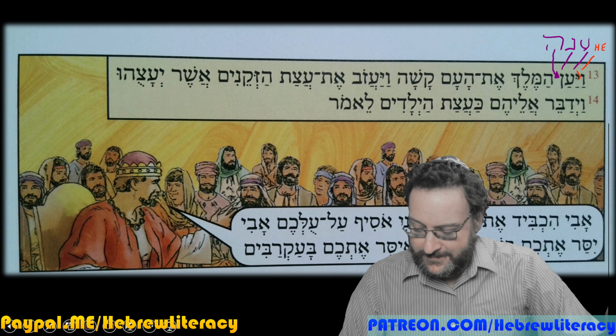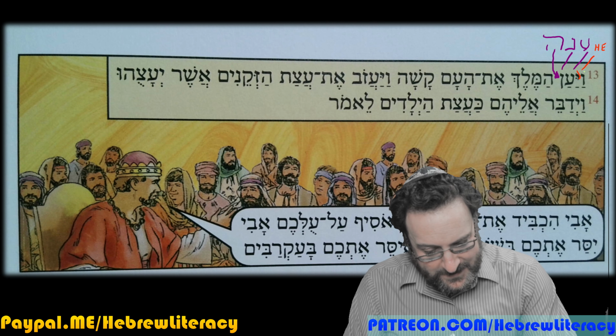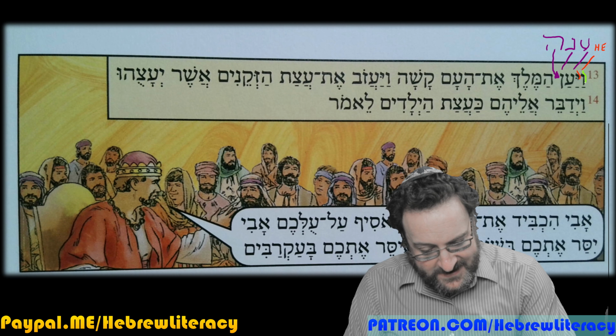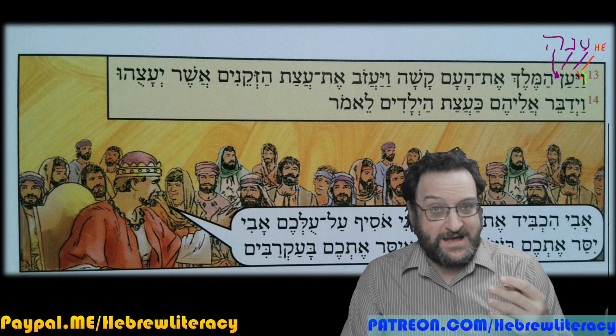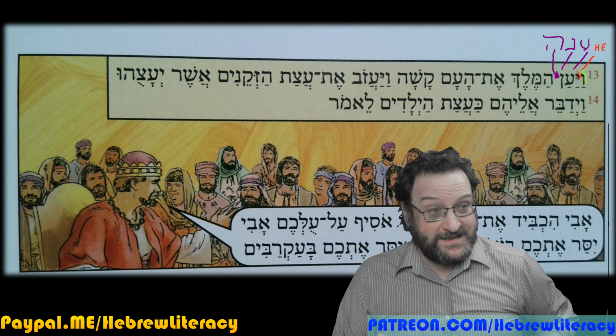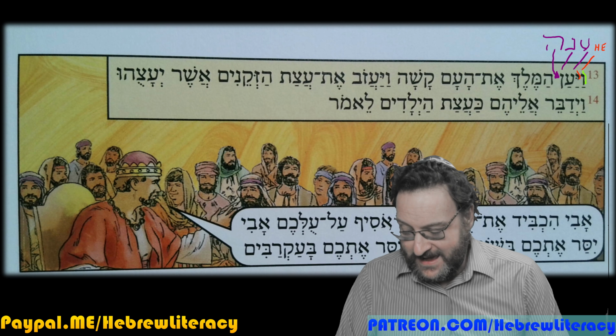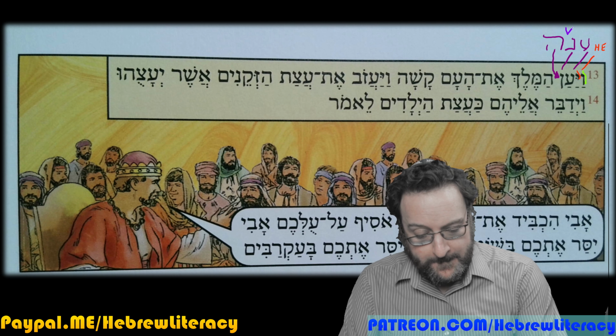So the vav here is our vav conversive. That's changing the aspect. So if you think of Ya'an as he will answer, Va Ya'an means and he answered. Okay? So all together, of course, this is our verb.